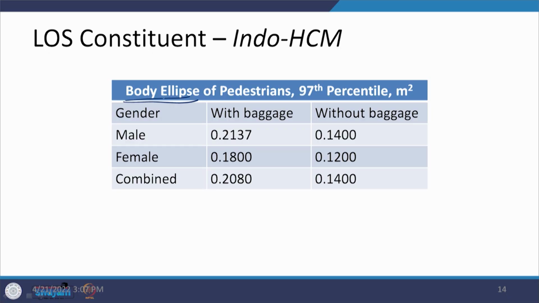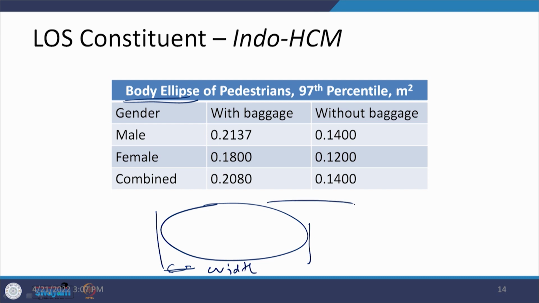They are going to occupy some space on the footpath or a sidewalk, and Indo-HCM provides a body ellipse of the pedestrians. So, this can be the total body, this is a width, and that can be the depth of the body with respect to the movement.